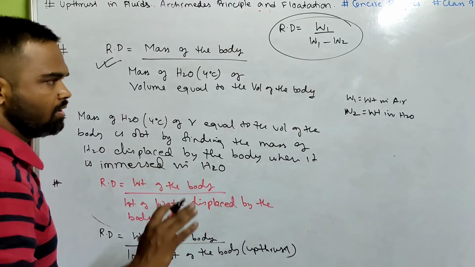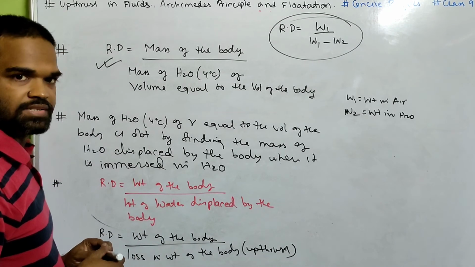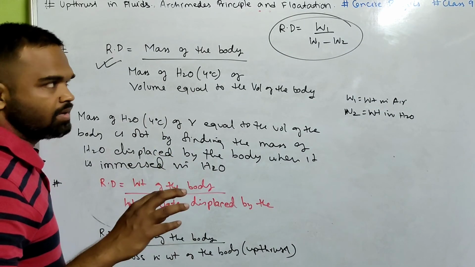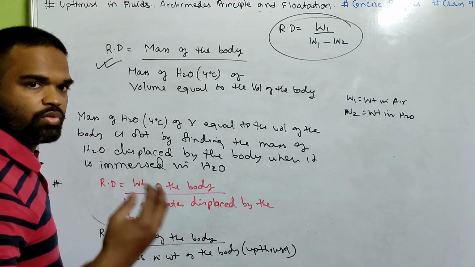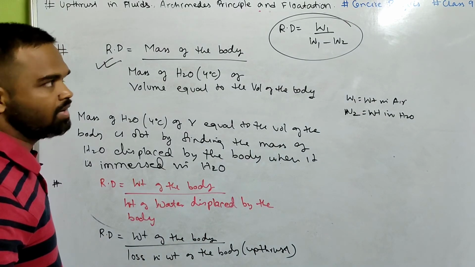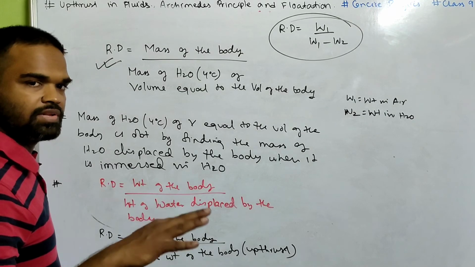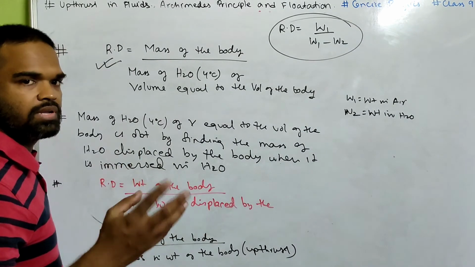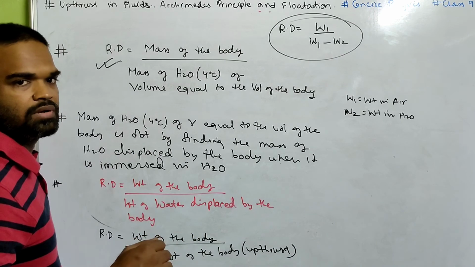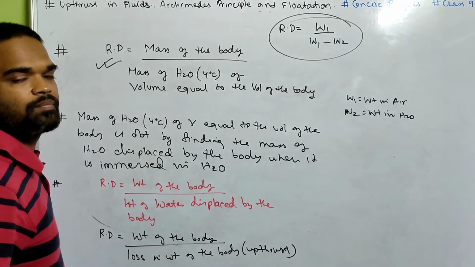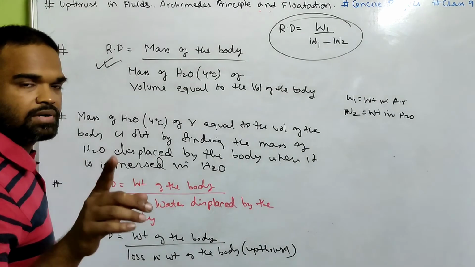Done. Now we look at two cases. First, when the body has density more than water and is insoluble in water, how to calculate the relative density? And the second case, when the body has density more than water, but it is soluble in water, then how to calculate the relative density?